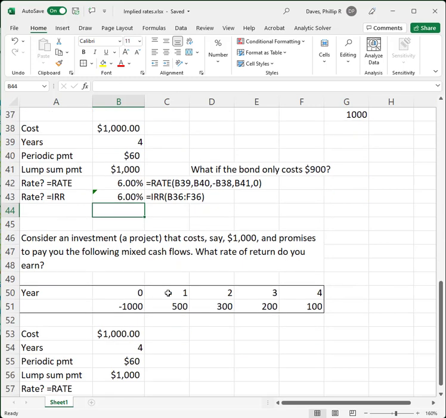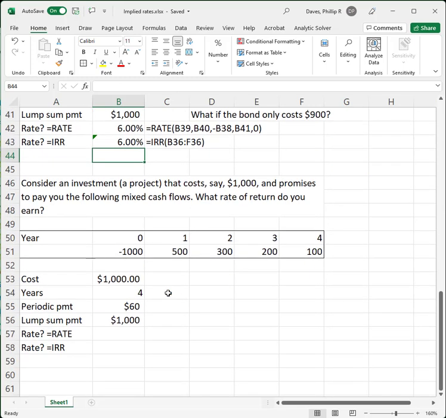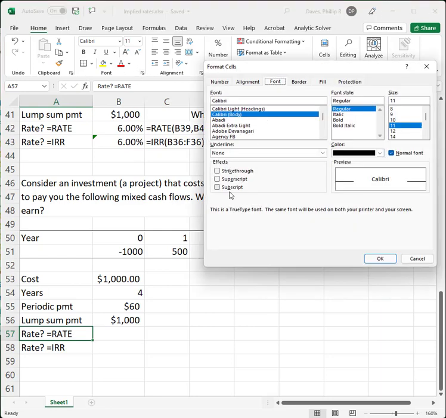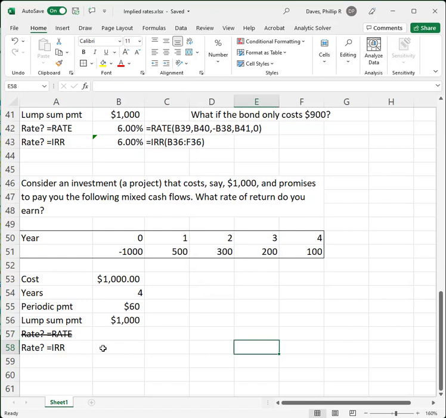All right, now let's do the same thing with one more kind of cash flows. These would be mixed cash flows. If you have mixed cash flows, you can't use the rate function on this at all. So this isn't going to work at all. We'll just do a strike through on that. Nope, no rate function. You can't do that because negative 1,000, 500, 300, 200, 100, that doesn't have enough structure. The only thing that you can do is use the IRR function.